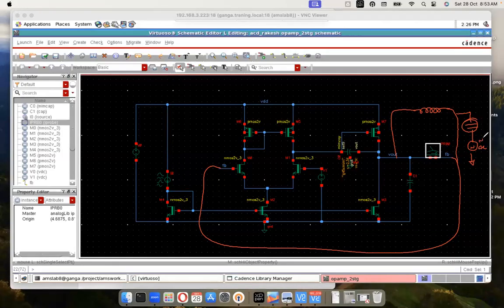Whatever AC that you apply here will directly be visible on the other side of the capacitance. Why? Because capacitance passes the AC input. Capacitance passes high frequency components and blocks the DC. So we use L, let's say L equal to infinity, C equal to infinity. You can use L and C and an AC source.